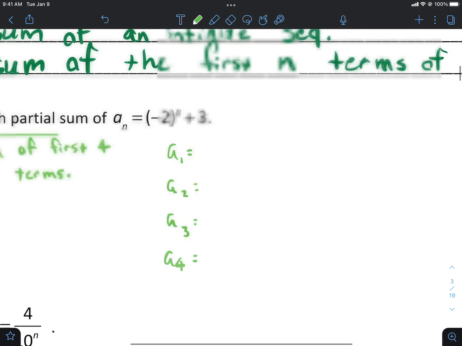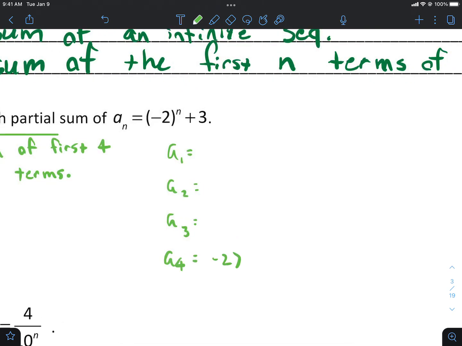You can just stick 4 right in, and then add the 3 at the end. Negative 2 to the 4th should be positive 16. Positive 16 plus 3 comes out to 19. So you can find these in any order that you want. You could do A1 if you wanted. I'm trying to emphasize you do not need the previous term for these. You can do any order you want.